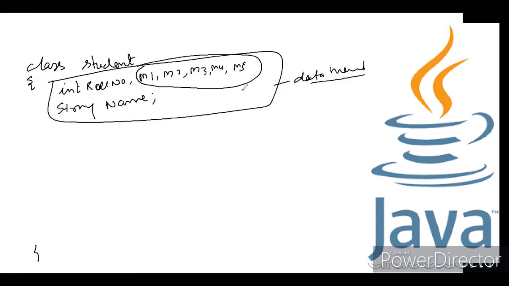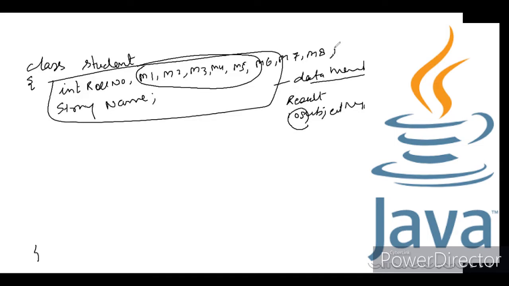Suppose I want to create a result of 10 subject marks. So if the question is given that you have to calculate the total and percentage of 10 subjects, what will you do? As I had declared 5 marks, M1, M2, M3, M4, M5, you have to declare 5 more.